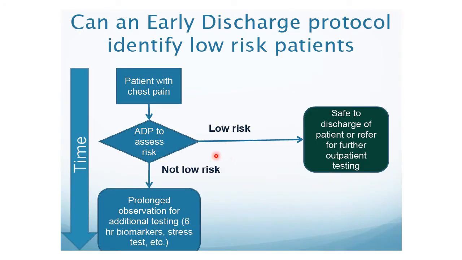So a lot of work has gone into the development of ADPs, or accelerated diagnostic pathways, to identify a group of patients at lower risk for whom it is safe to discharge earlier or refer for further outpatient testing.